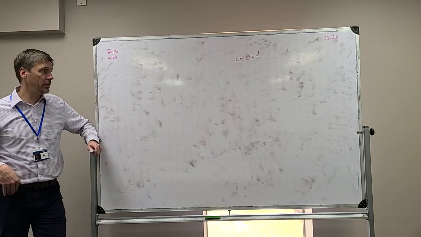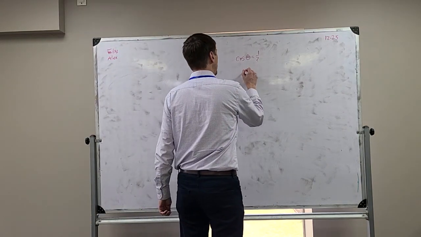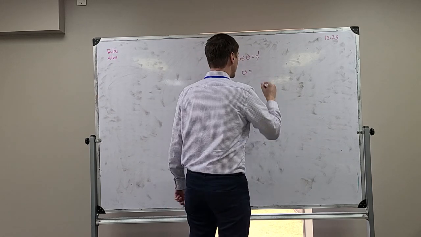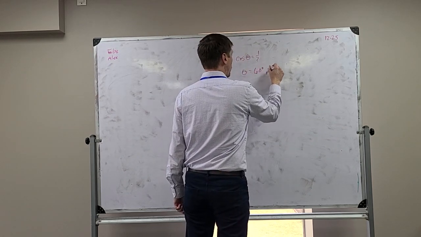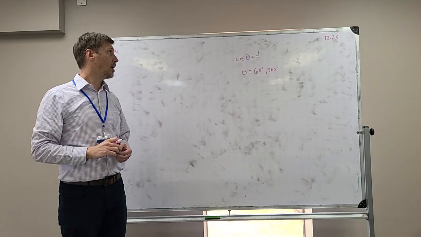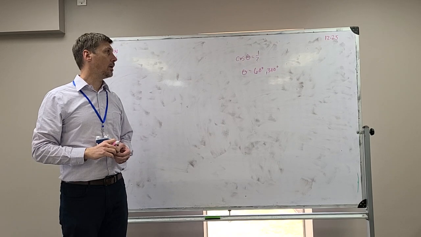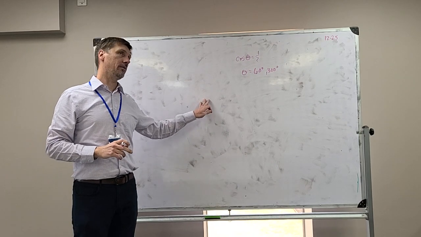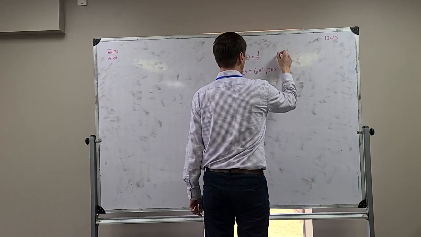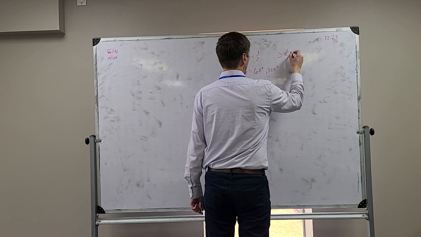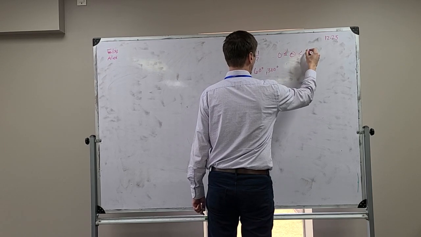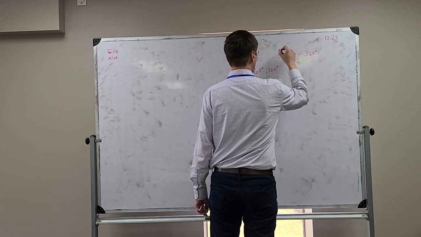60 degrees, is that the only place? 300 degrees, right? So 60 degrees or 300 degrees would be valid answers to that. And I would have to tell you that theta is greater than or equal to 0 and less than 360 degrees, so that you can narrow it down.